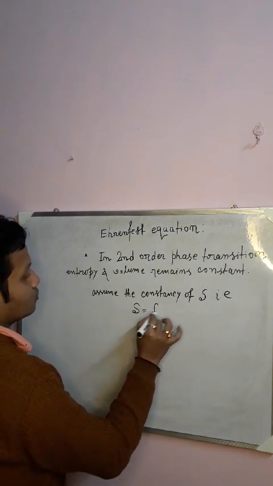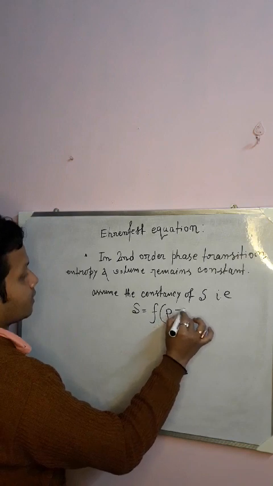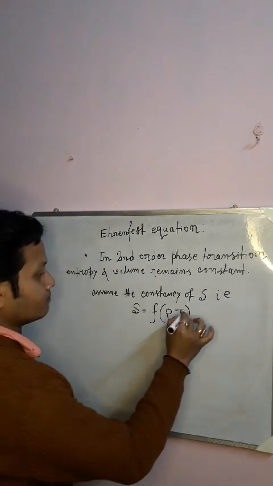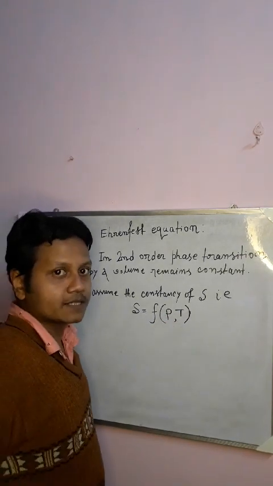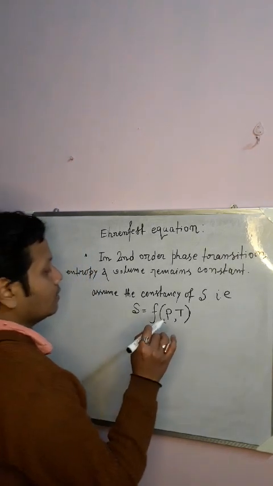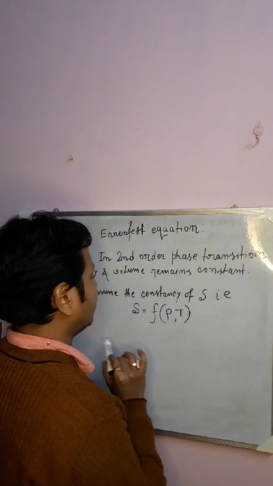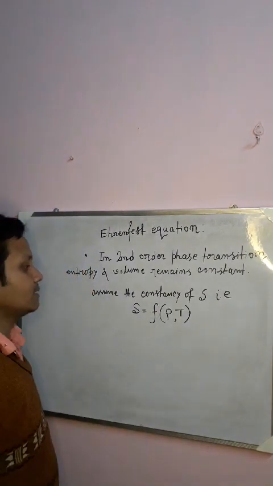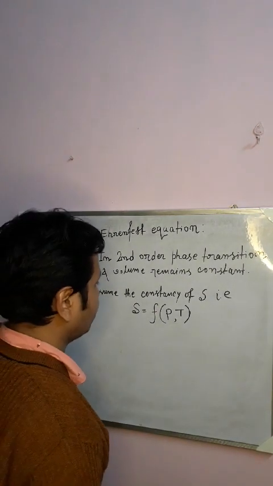So you can choose entropy as a function of pressure and temperature. Since we are assuming the constancy of entropy, we assume S is a function of pressure and temperature.